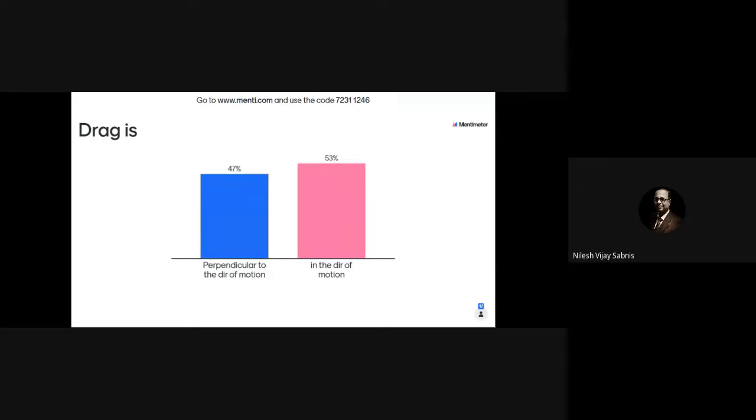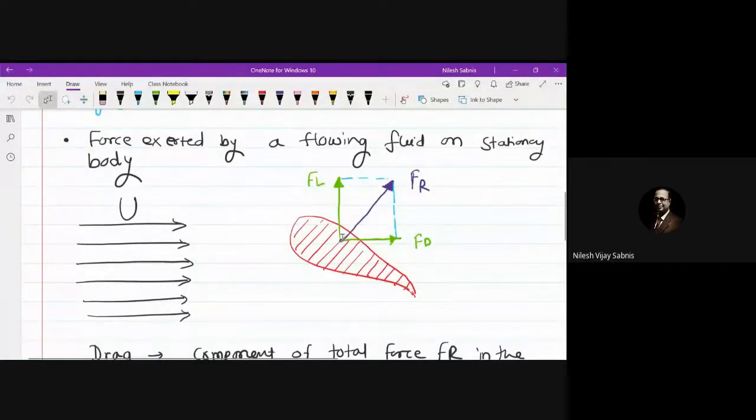I will stop once again and I will share back the window where I was dealing with. So here is the concept. Once again, I am telling you. There are 2 components of force. One component is in the direction of motion.